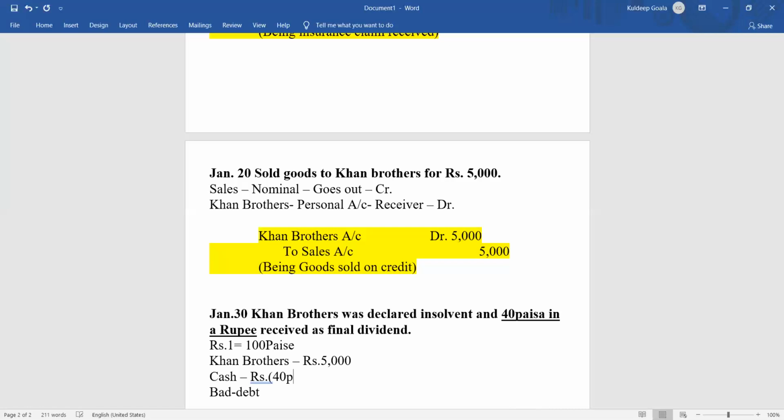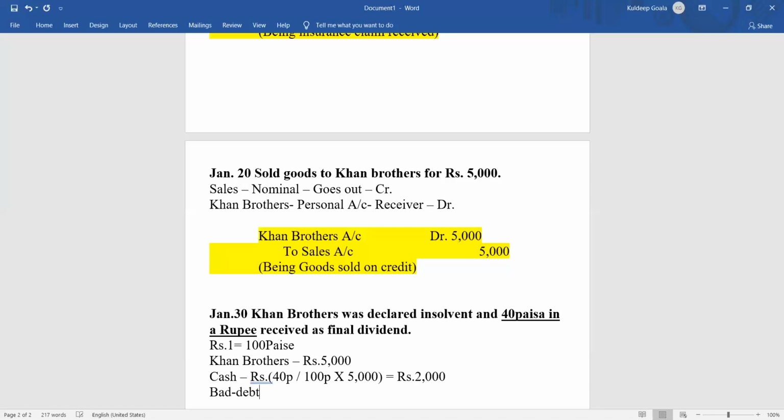40 paisa in 100 paisa I will get. So accordingly, how much will I get for 5,000? Let's find out after calculation. How will you find out? 40 paisa divided by 100 paisa into 5,000. So ultimately how much is it coming to? It will come to 2,000 rupees.